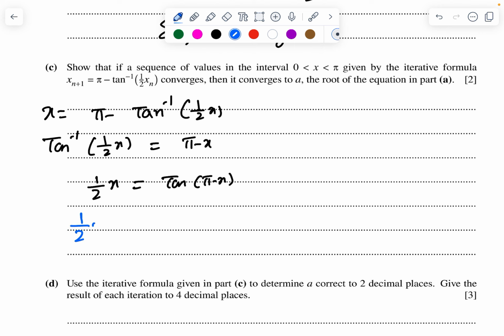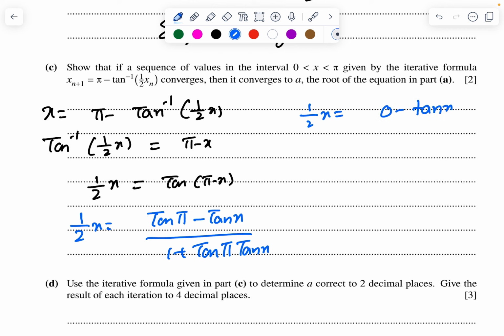What is that? Half x equals tan a minus tan b by 1 plus tan a tan b. So half x equals 0 minus tan x by 1 plus 0. So half x equals negative tan x. So tan x equals negative half x.